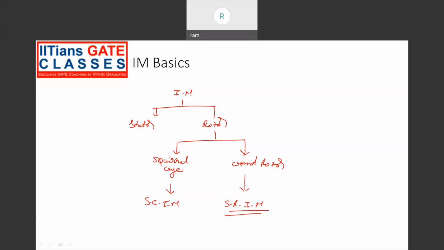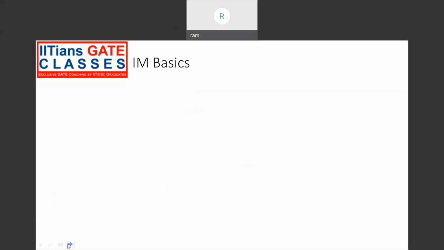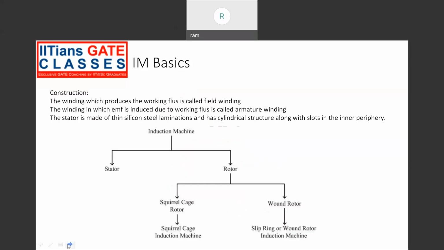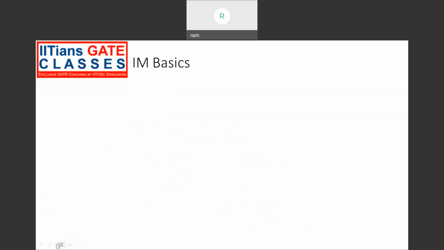So let's go to the next slide. This is what we have seen in the earlier slide. Now see the features of wound rotor and features of squirrel cage induction machine.